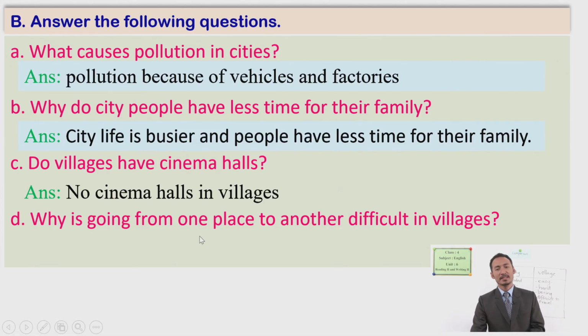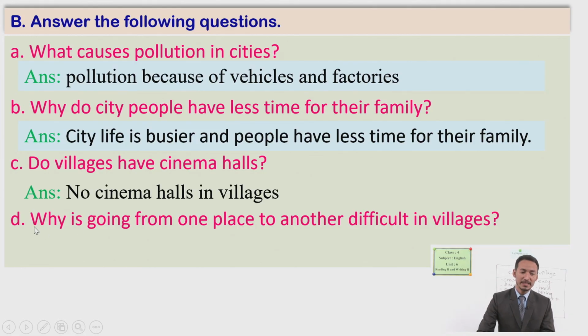You can write your answer. No, villages do not have. You can make your answer. These are just the keys for you to help, and you can make your answer with these words. Okay, so what to do? How to write? You can say, no, villages have no cinema halls. No cinema halls. You can write like that.